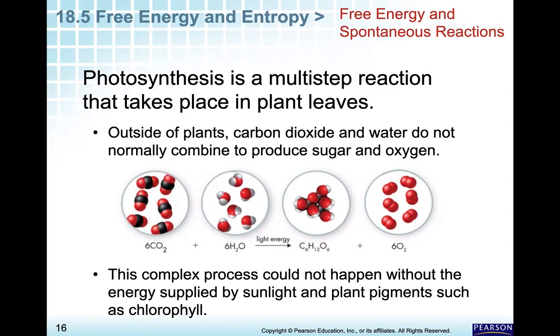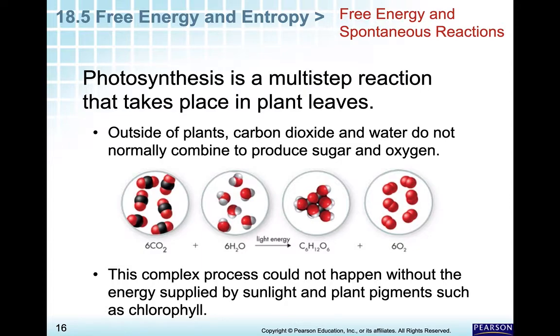One great example to talk about is photosynthesis, and this applies to a lot of the concepts we're going to talk about today. This is a multi-step reaction. As you know, it takes place in plants, and if you were just looking from outside the plant, your observation would be that the plants bring in carbon dioxide and water, and they produce sugar and oxygen.